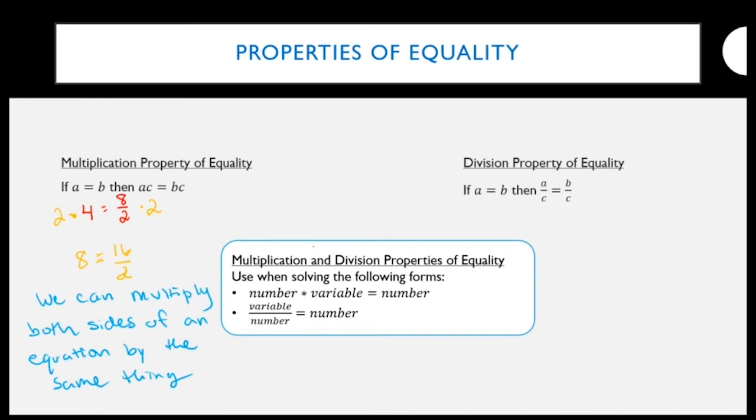Then the division property is very similar, where you've got two things that are equal, and then you can divide both sides by the same thing. So it's basically you can multiply both sides of an equation by the same thing, and you can divide both sides of an equation by the same thing.